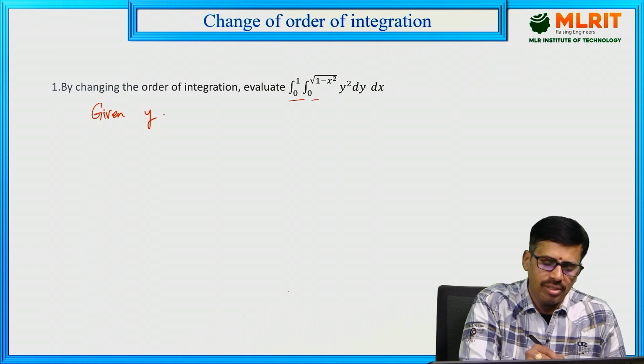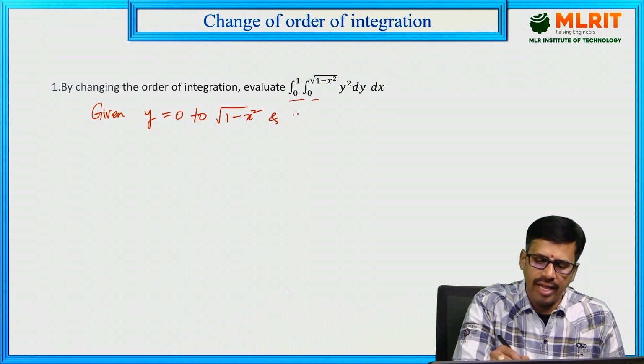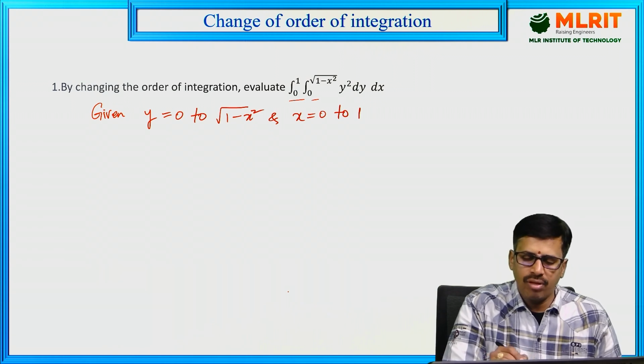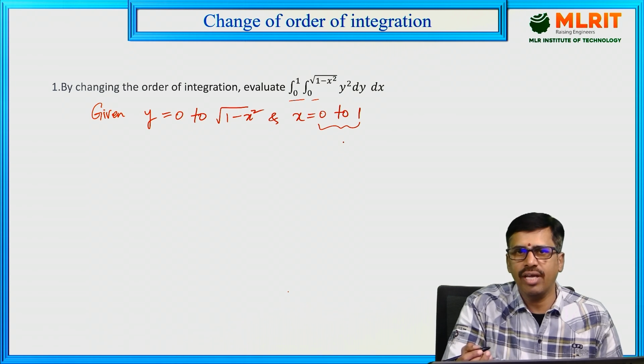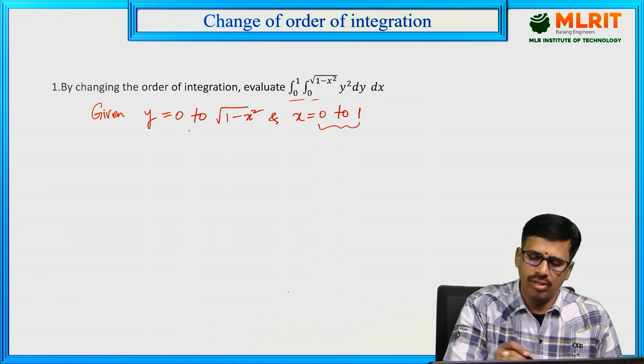So y limits are given as 0 to under root of 1 minus x square and x limits are 0 to 1. We have to change the order of integration, means x limits given as constant. So after changing the order of integration, y limit should be constant and x in terms of y.